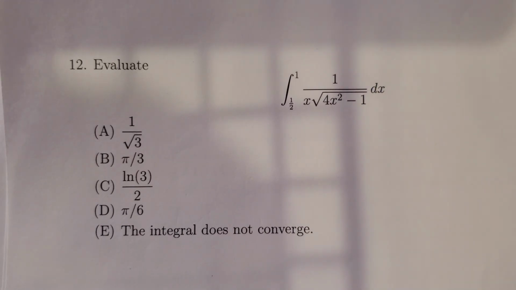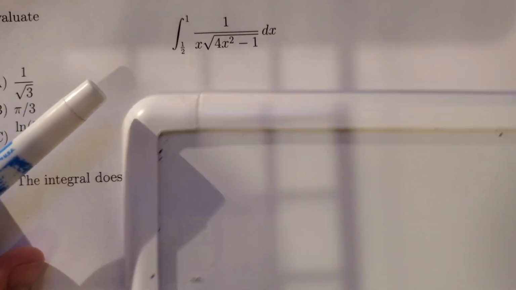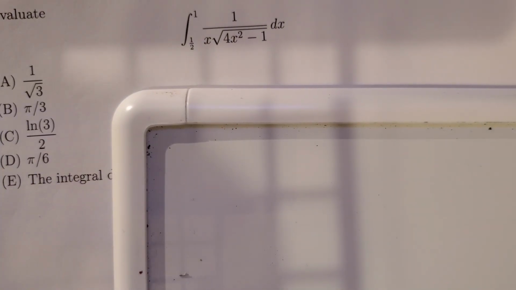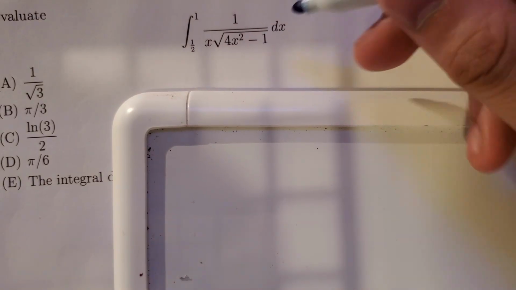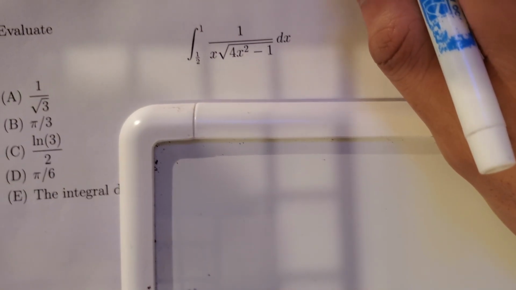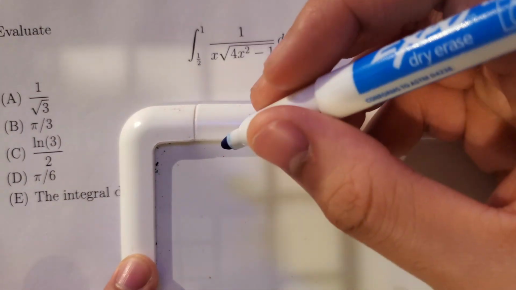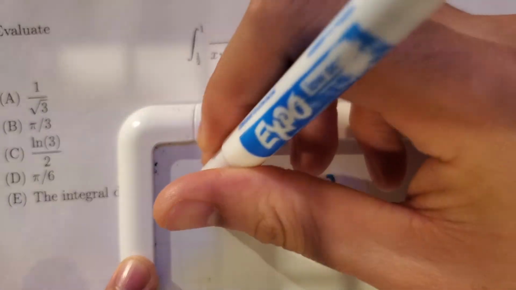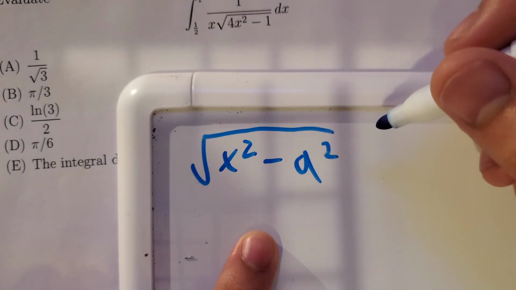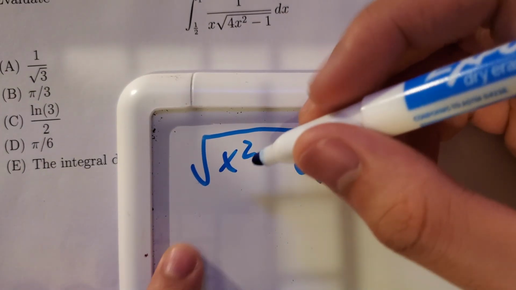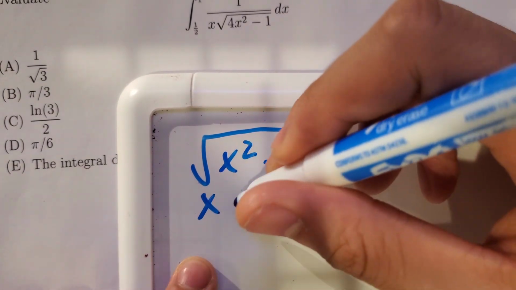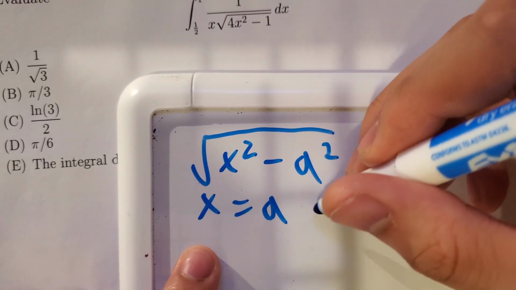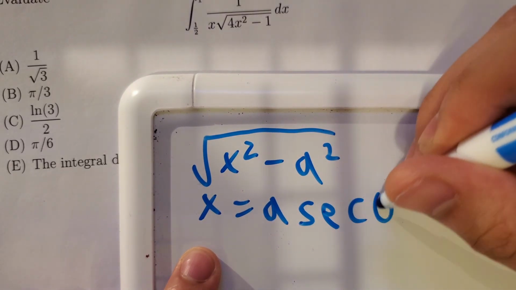I know this because if you recall the general forms of a square root when you're trying to do a trig substitution: when you see x squared minus a squared, you're going to want to do a secant substitution, that being x equals a secant of theta.